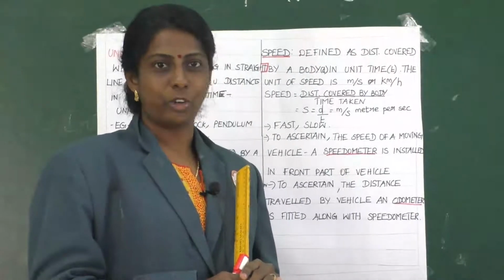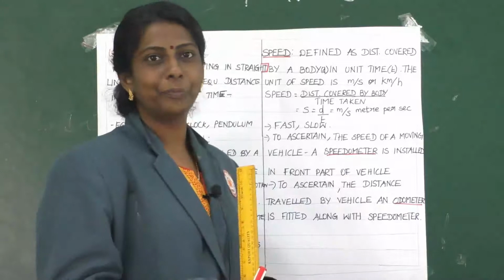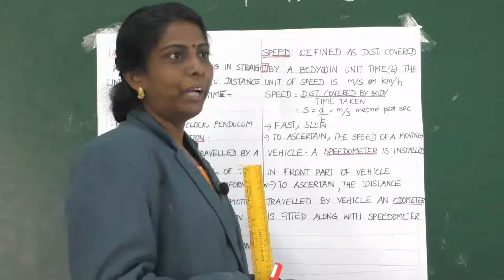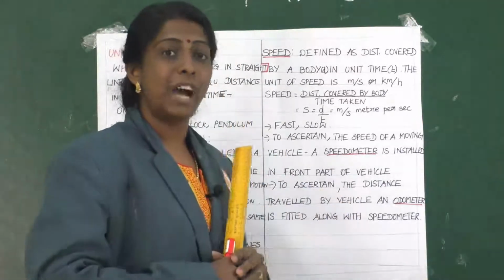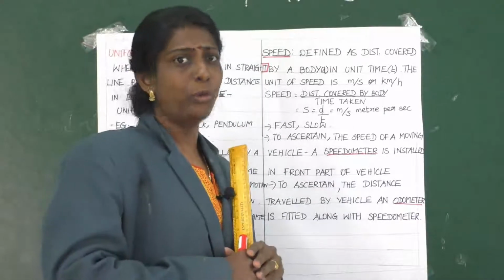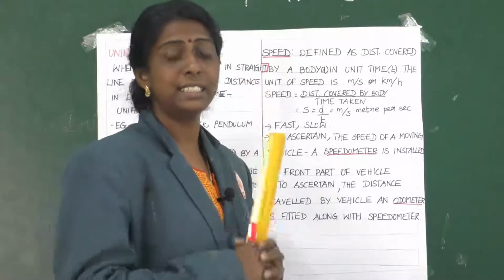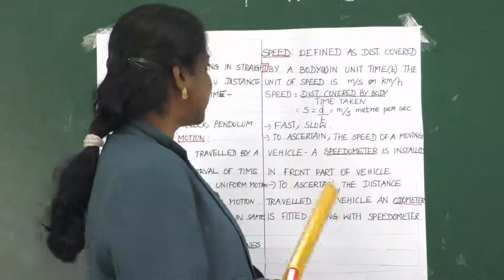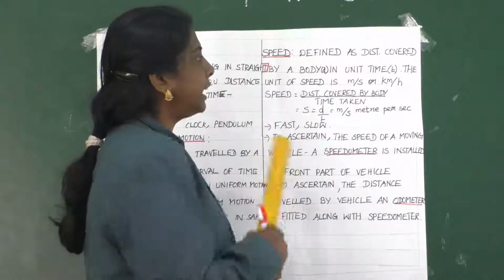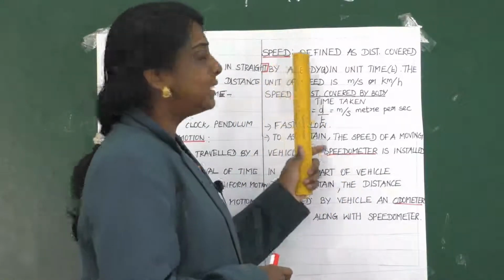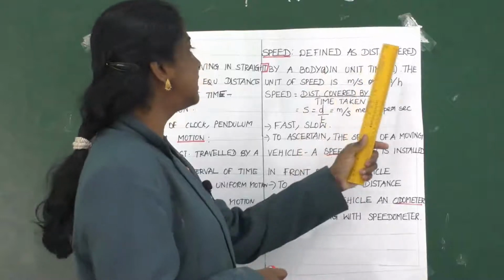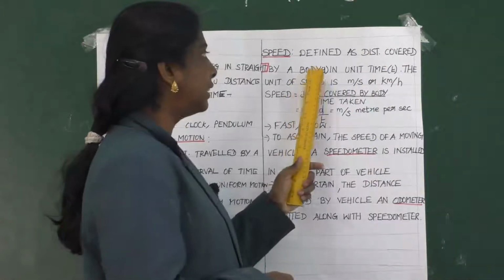Now about the last concept, that is speed. So one might travel fast, one might travel slow. Is it not? There is a difference in speed. Is it not? Yes. So let us learn about speed. Speed is defined as the distance covered by a body.